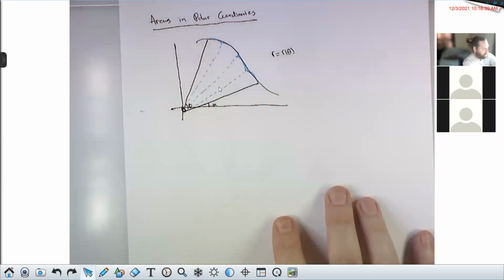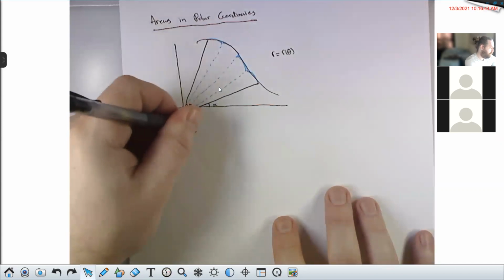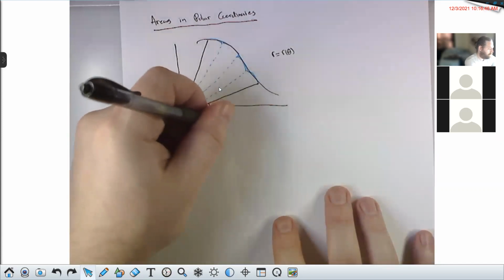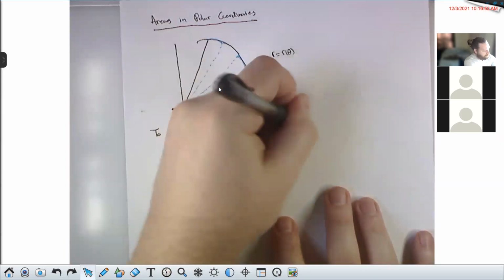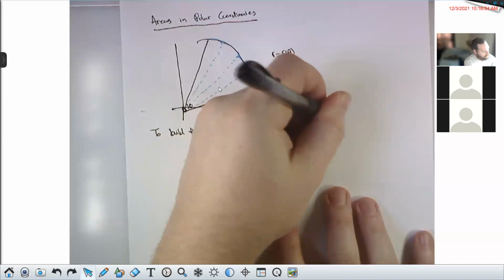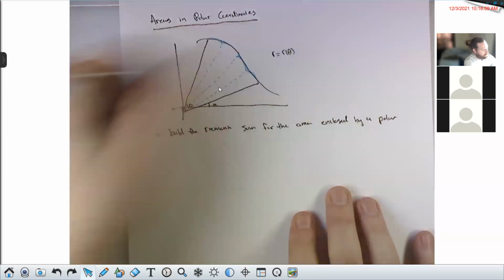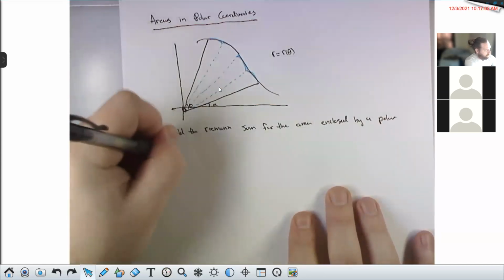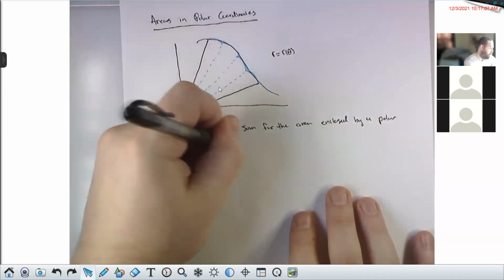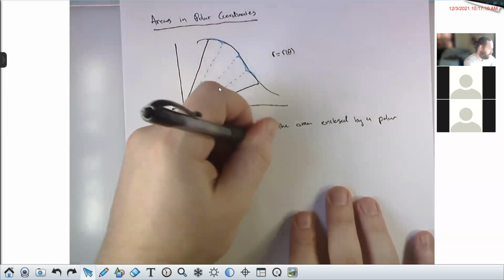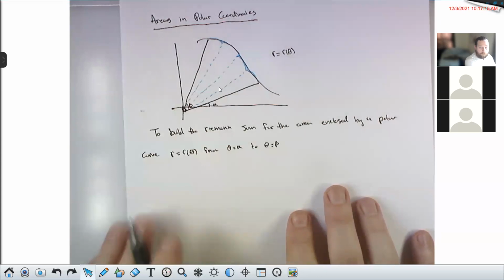So to build the Riemann sum for the area enclosed by a polar curve r equals r of theta from theta equals alpha to theta equals beta, we're doing the same thing that you do in rectangular coordinates.